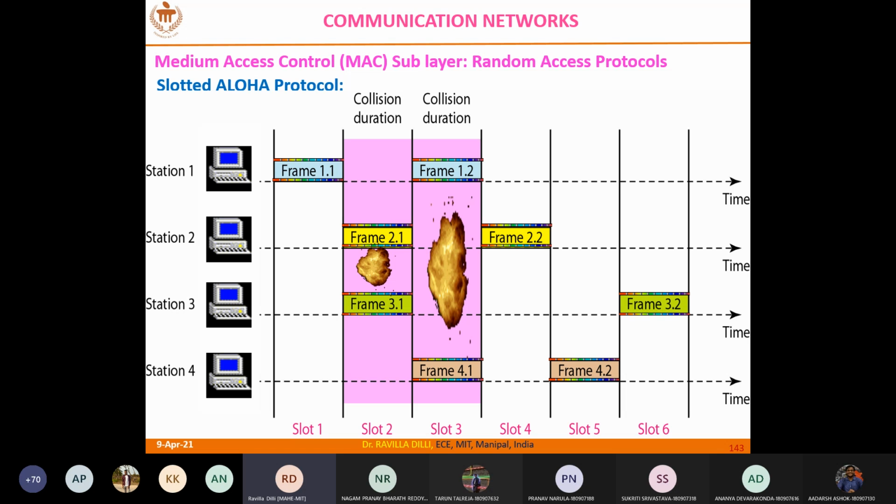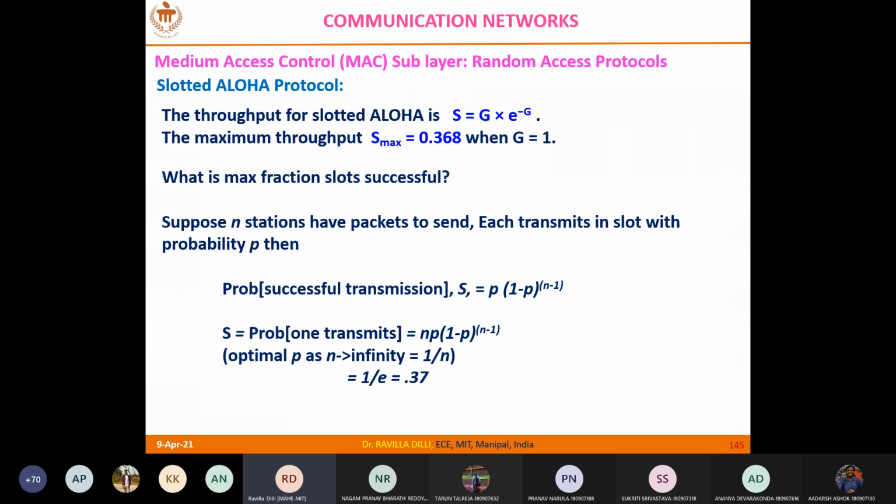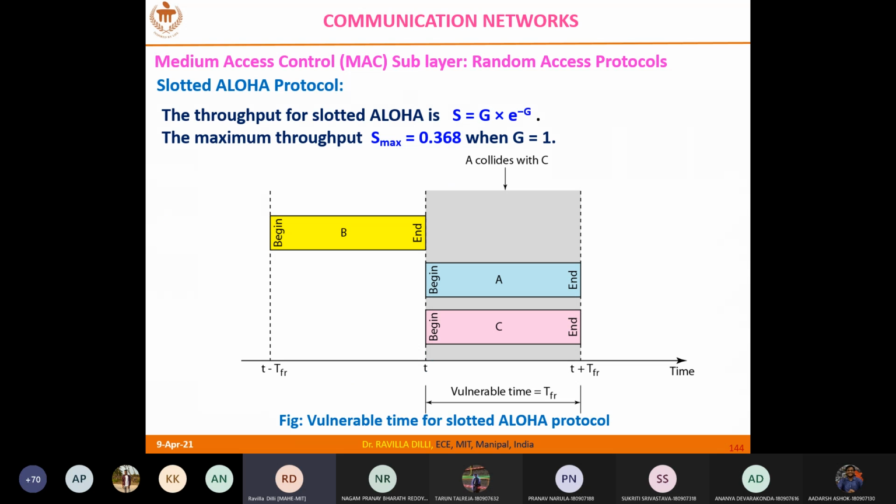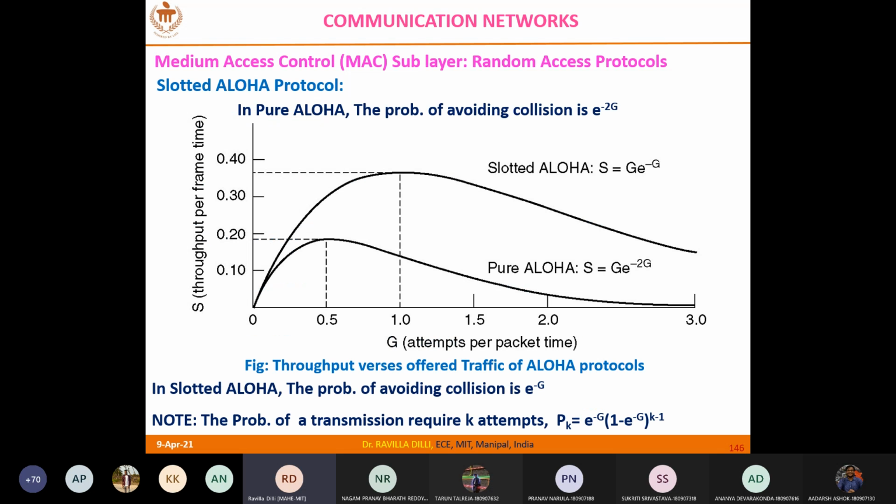With this constraint, the vulnerable time is reduced to the frame transmission time, instead of twice the frame transmission time as in pure Aloha. The maximum throughput you can achieve is 36.8%, at a load of 1. That means with 100% utilization of the channel, you get the maximum throughput in slotted Aloha. That was the discussion in the last lecture.